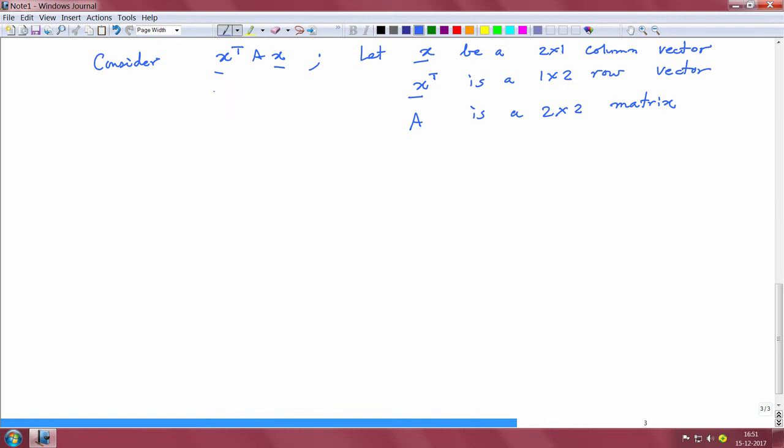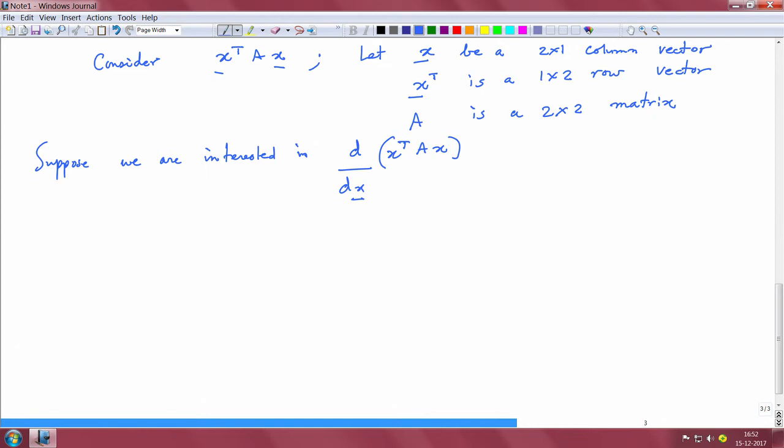You will find this form, this quadratic form, in many signal processing applications. So let us just get an intuitive feel how this works. So suppose we are interested in taking the derivative with respect to x of the quantity x transpose Ax.